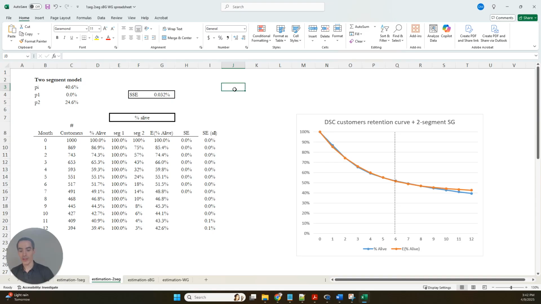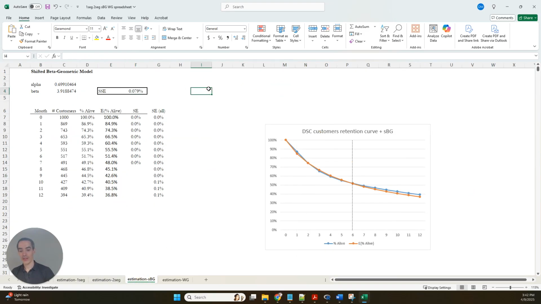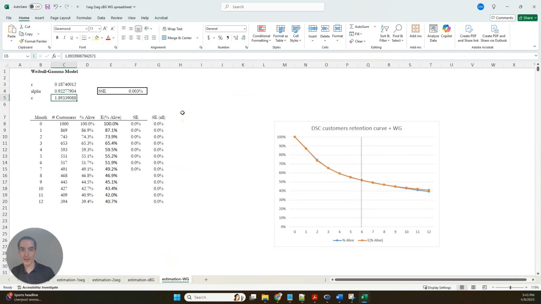The holdout MSE for the two segment model is equal to 0.0. Well, we're not perfect. Technically 0.38%. How about for the SBG model? 0.47%, so slightly worse than the two-segment model.